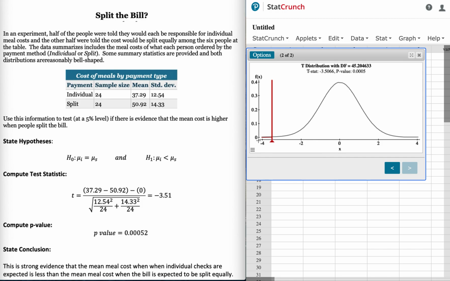And so here we have very strong evidence that the mean meal cost when individual checks are expected is less than the mean meal cost when the bill is expected to be split equally among those at the table. So here's an example of a 2-sample t-test and how to use StatCrunch to help us with the calculations.